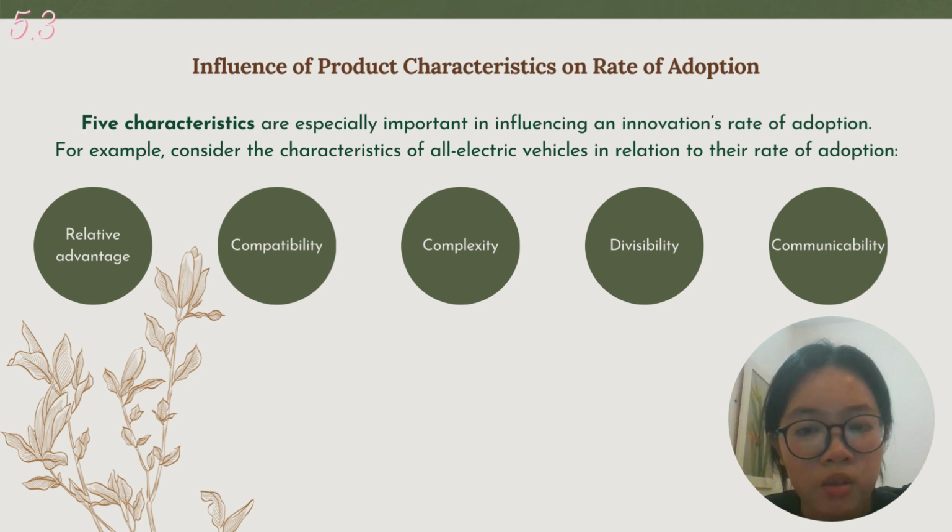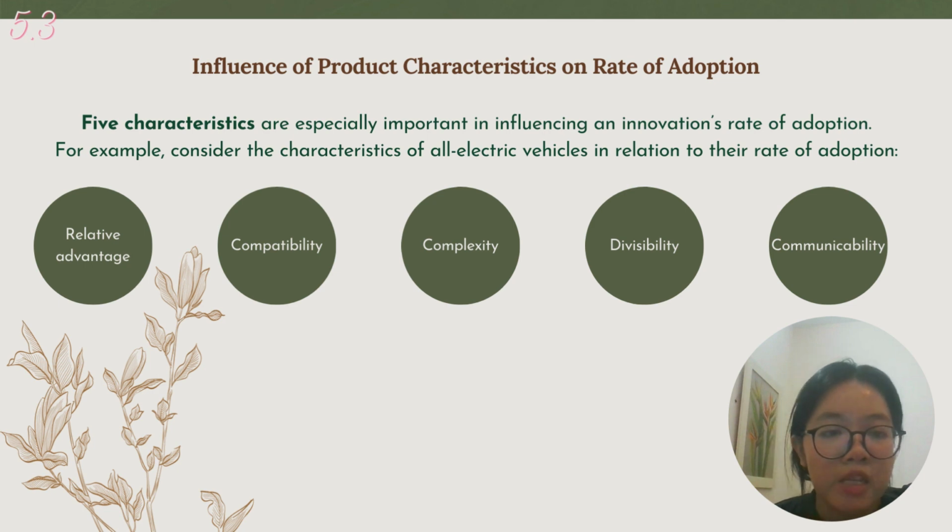So let's move on to the influence of product characteristics on rates of adoption. There are five characteristics that are especially important in influencing an innovation's rate of adoption. Relative advantage is the first factor: the degree to which the innovation appears superior to existing products.